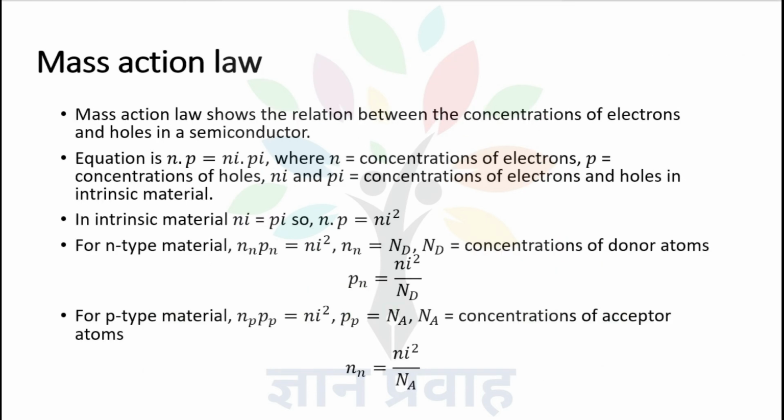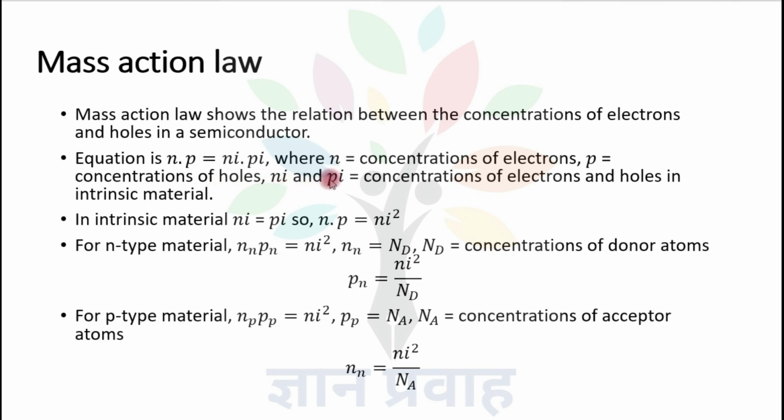Mass action law. The mass action law shows the relation between the concentrations of electrons and holes in a semiconductor material. The equation is N dot P equal to Ni dot Pi. Here N is the concentration of electrons and P is the concentration of holes.